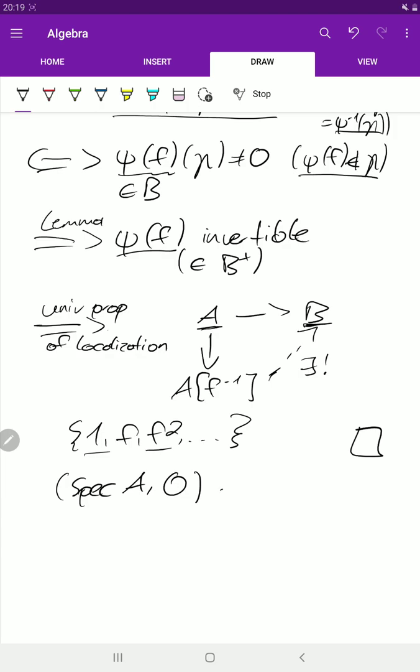And of course we also want to define schemes later using affine schemes.